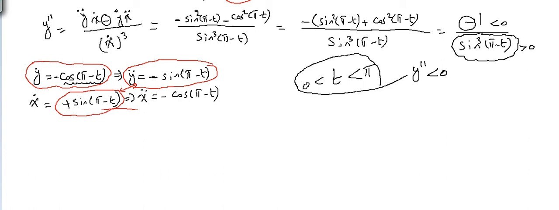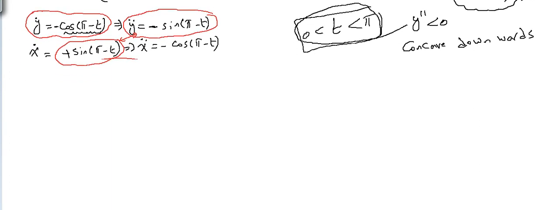Now, we know that the curve is concave downwards in this domain. And that's it. We're done. Now how do we draw? Let's draw. First, let's put the x-axis and the y-axis.